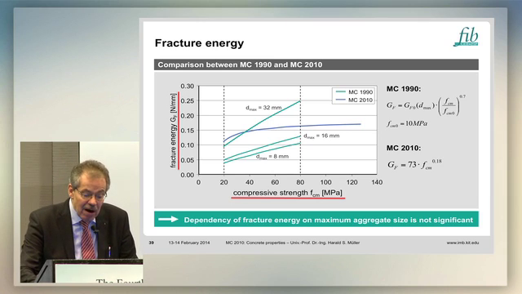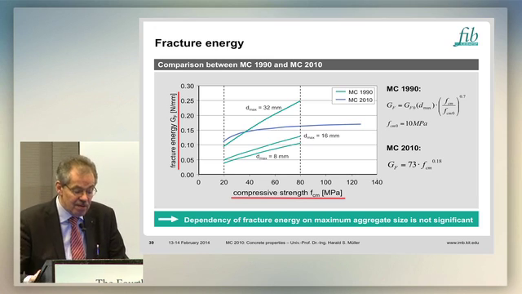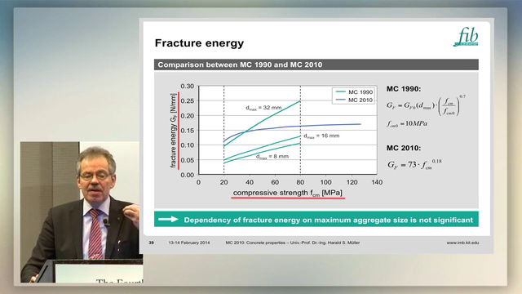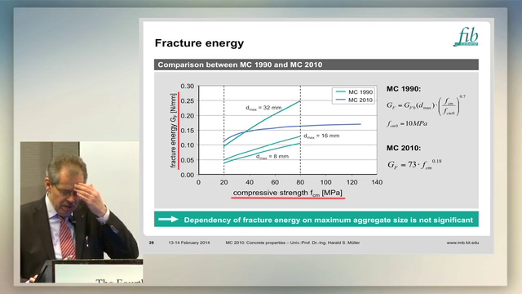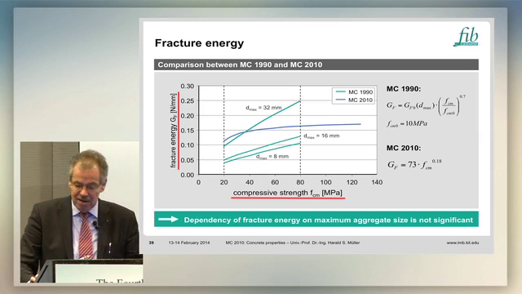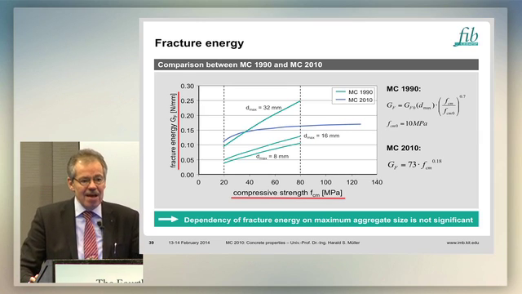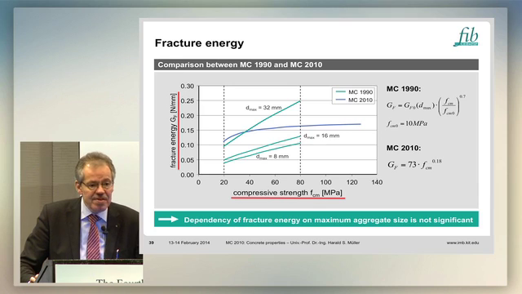And here are included the old Model Code lines. And if you look at the old Model Code, you have a pronounced dependency on the size of the aggregates. The higher the size of the aggregates, the higher is the fracture energy. This was prepared at that time in 1985 to approximately 1990. The first results we had on this subject.